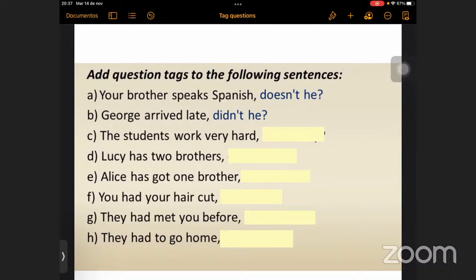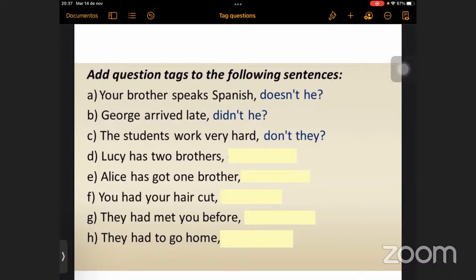Then identify the subject. The students work very hard. Don't they? Excellent. Don't they? Good.